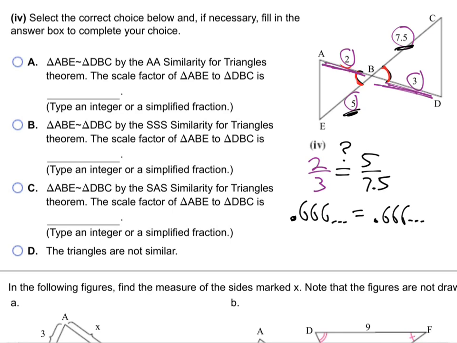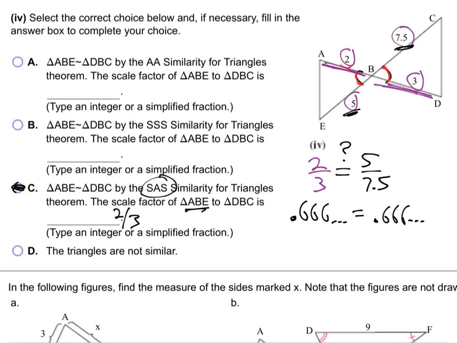Does that make sense how we proved that? They're in the same ratio. That left triangle is 2/3 as big as the right one. The 2 is to the 3, and the 5 is to the 7.5. Now, our answer is down here, side angle side, and the ratio 2 to 3, right?